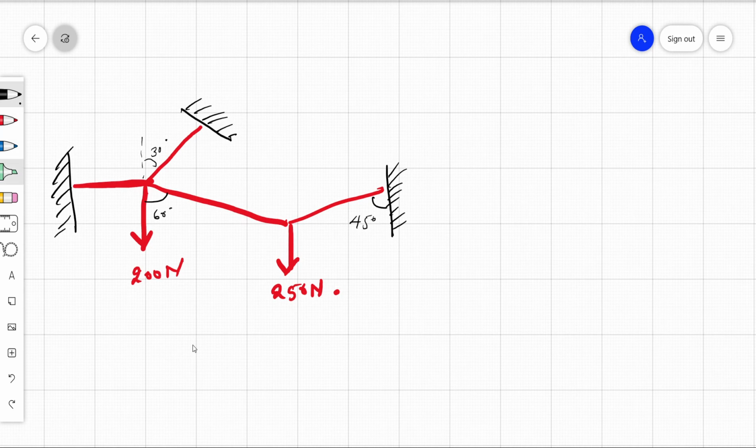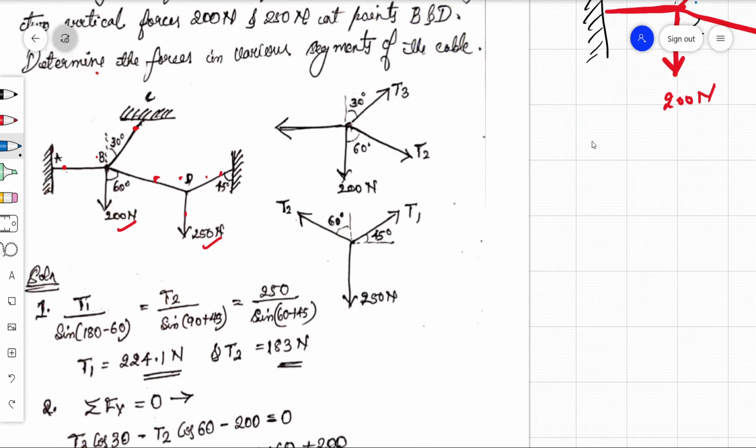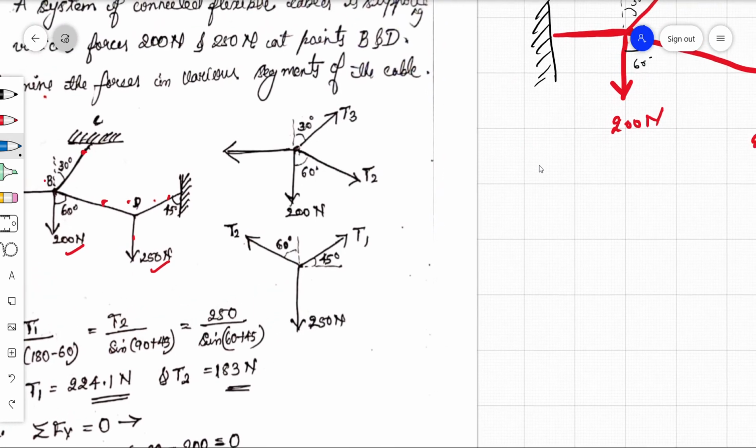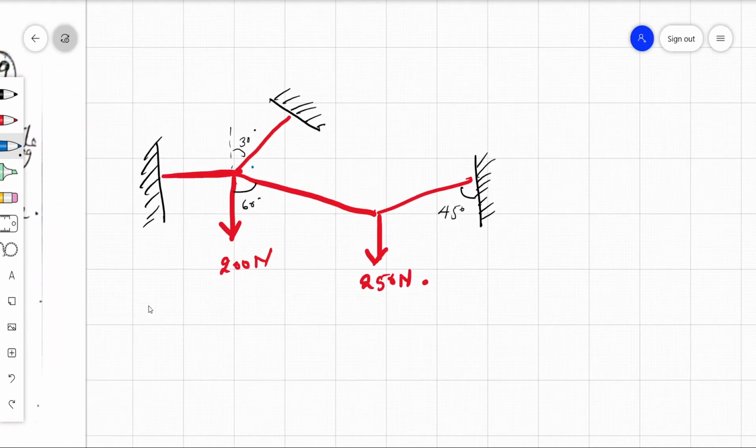Initially, this is complex. Let us consider these points as they have considered in the numerical: this is point A, B, C, D and E. They consider these as individual points. How do we solve this?